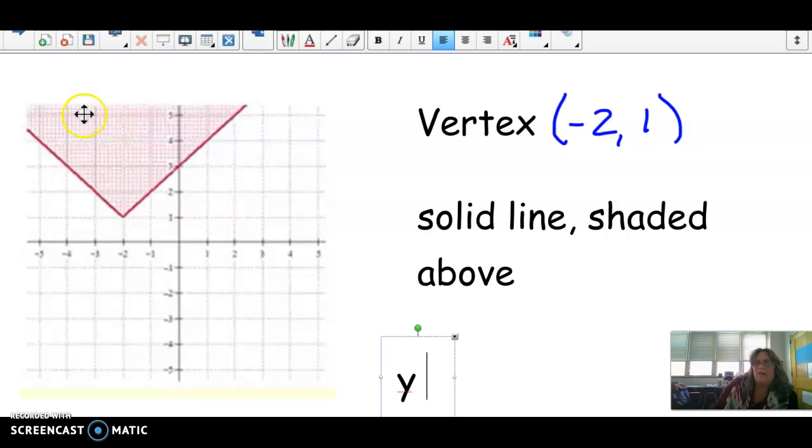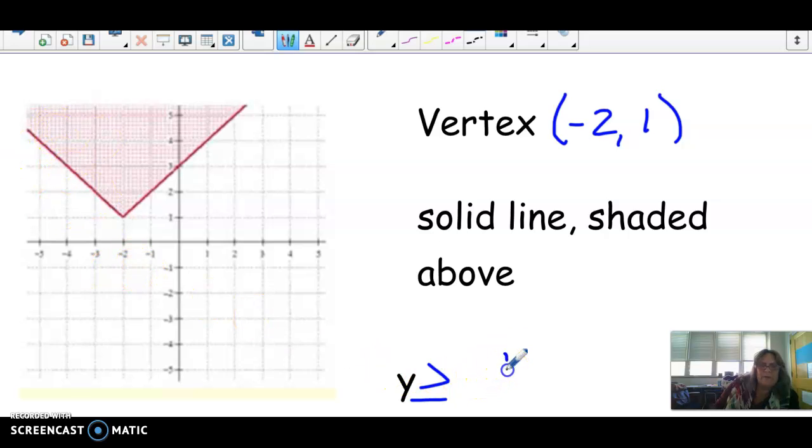And I notice that it's shaded above. So when I look at my inequality sign, first thing I notice is that it's a solid line and it's shaded above. So what I have here is going to be greater than or equal to: solid line and shaded above.